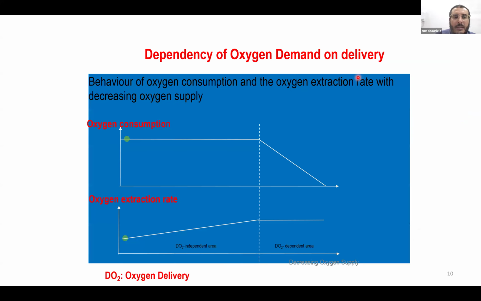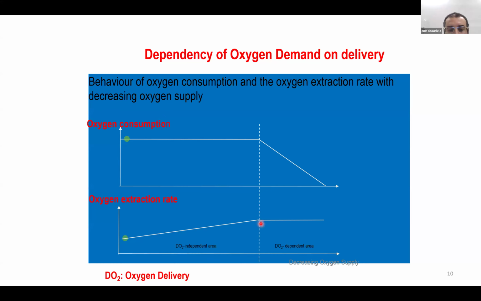I will show you in the next graph a very important relation between the oxygen consumption, oxygen extraction, and oxygen delivery. If you have a decrease in the oxygen supply or oxygen delivery, initially the oxygen consumption will be stable. You can see the line here is stable because the oxygen extraction ratio will increase from the normal 25 up to the maximum here, which is 50%.